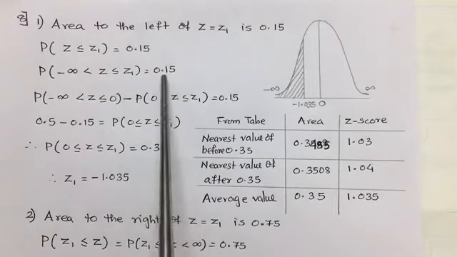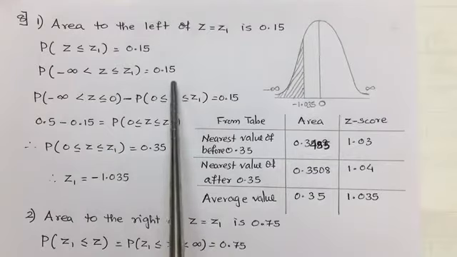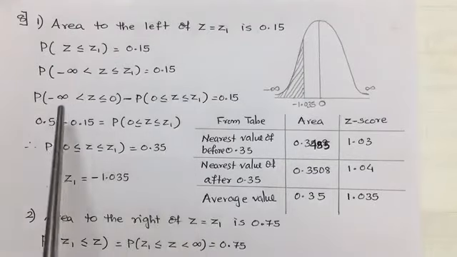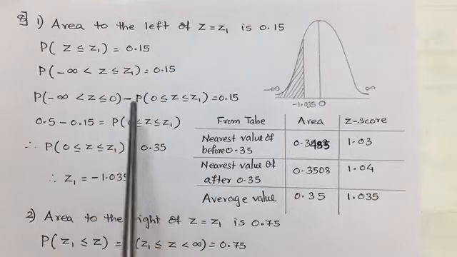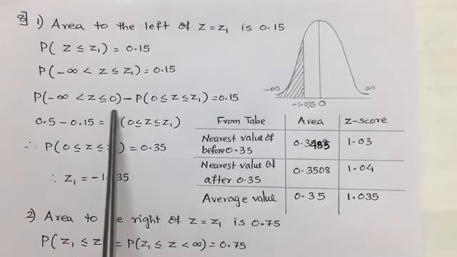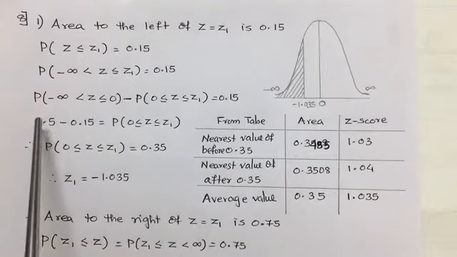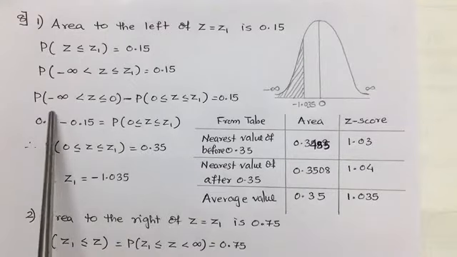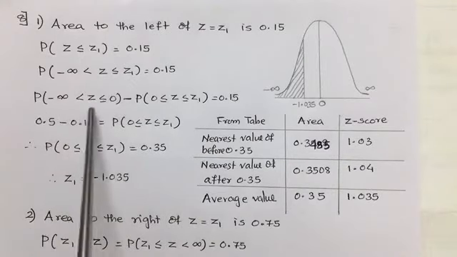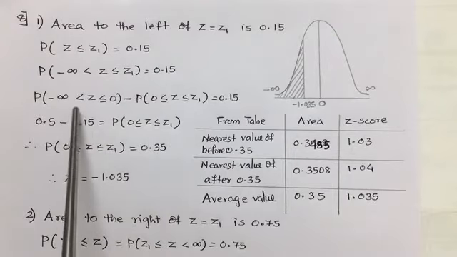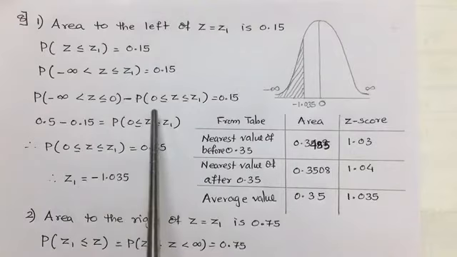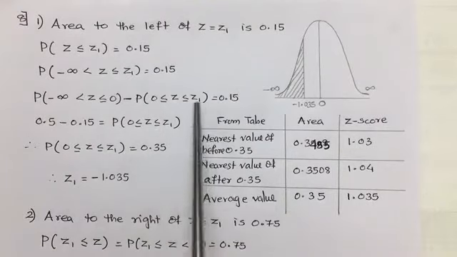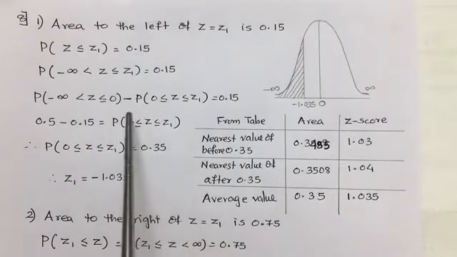As the value 0.15 is less than 0.5, we need to subtract both the areas, both the probabilities, by breaking it from 0. Minus infinity to 0 will always be written first, as it has the maximum area it covers, and 0 to Z1 will be the second part of it.